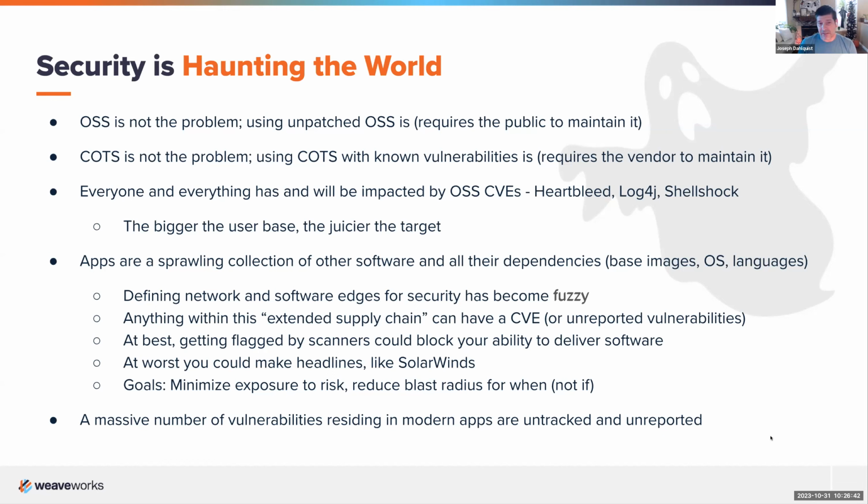Last but not least, I guess, nobody's safe from OSS CVEs, right? Every app is really a collection of other software and all of the dependencies that go into it, everything from the OS to the images that they run on to the languages they're written in. And it's gotten really fuzzy. It's like defining your network edge for security these days, right?